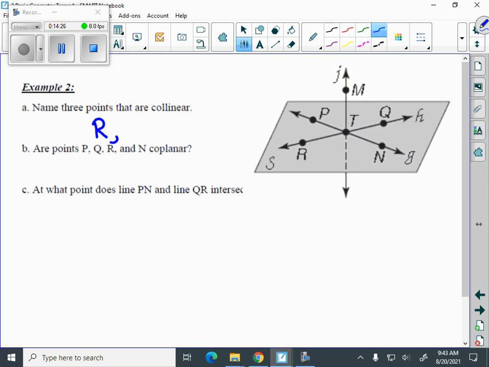R and T and Q, not using any terminology here. We just want 3 points. We're just representing 3 points that are all collinear.